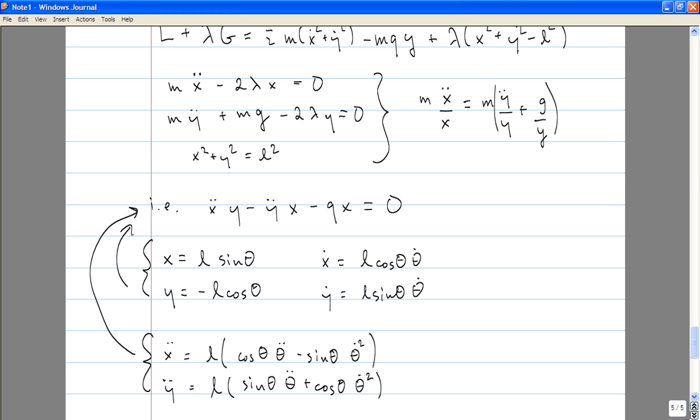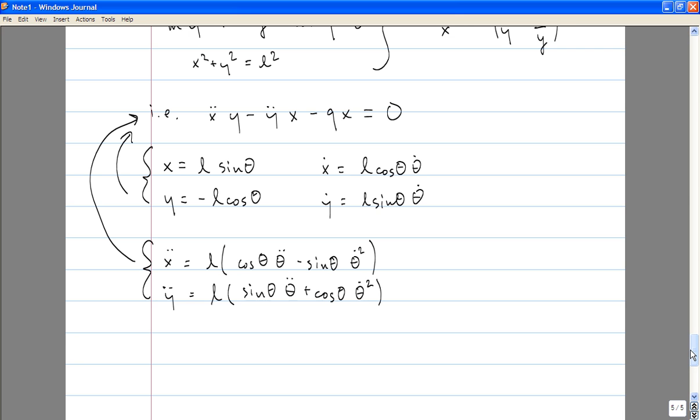So x double dot times y will give us one term proportional to sine squared theta, sine theta cosine theta, theta double dot. And then another term, let's see, did I get this right here? Yeah. So x double dot times y will give us a term that looks like L times theta double dot times cosine squared theta.